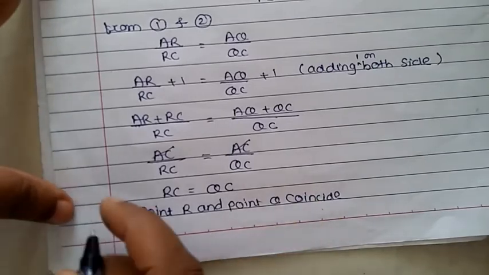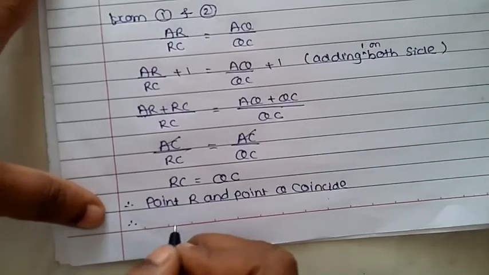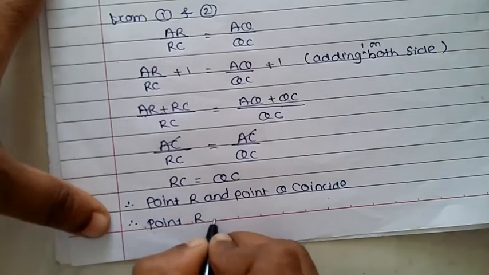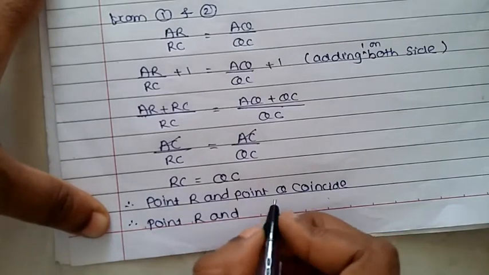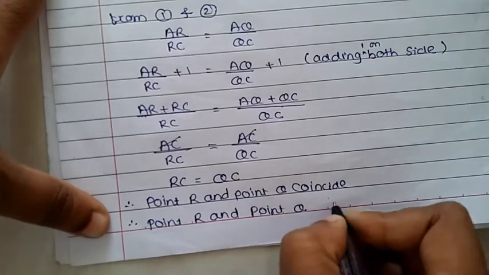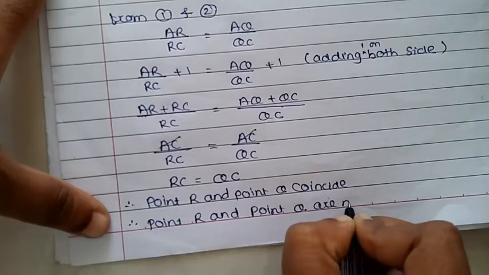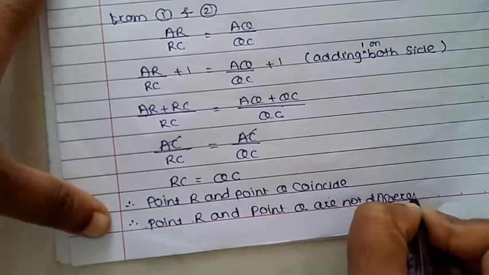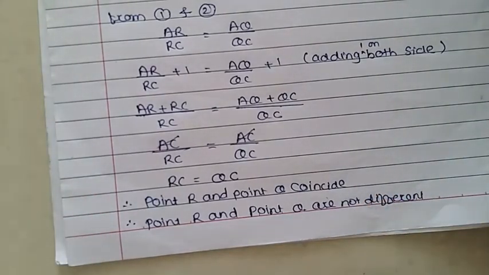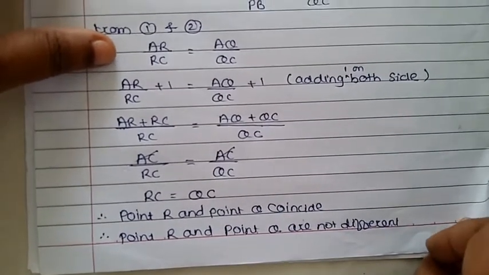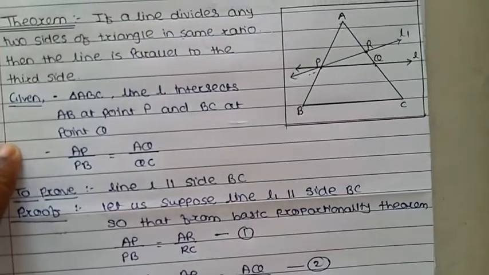So therefore point R and point Q are not different. That means we can treat Q as R also.